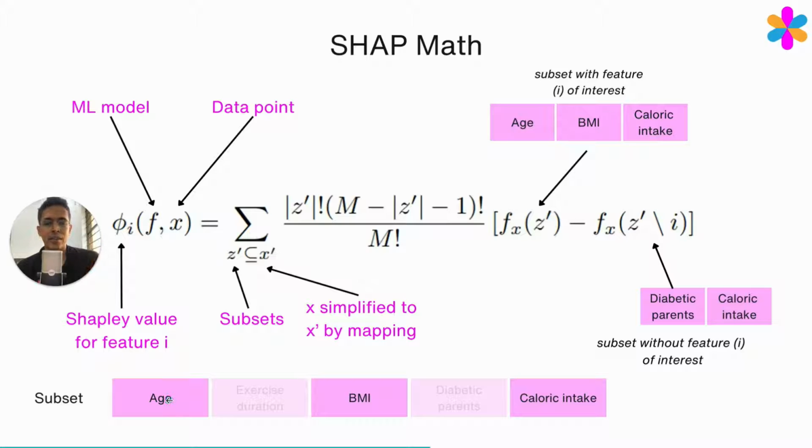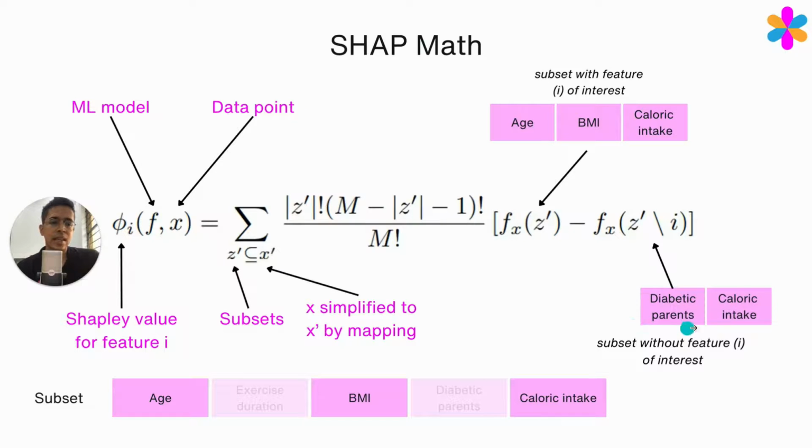So I'll just repeat. Here we are considering a subset where age is a feature. And first we will calculate what the ML model produces as the output by considering age, BMI, and caloric intake, because this is the subset that we are looking at. Now, we will not consider age for making this calculation. So we'll assign again a random value for age. So the only features of relevance are BMI and caloric intake.